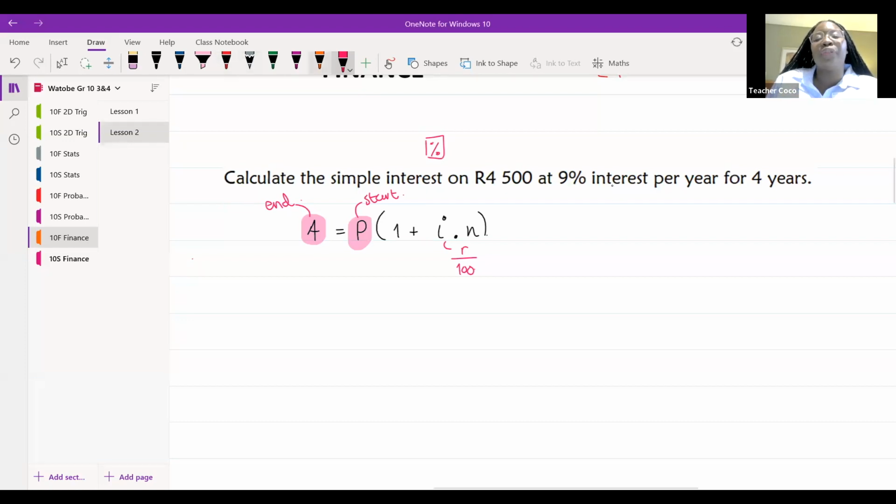So all you're going to do is click shift and then the percentage button, and that will do everything for you. And this N over here stands for the number of years.